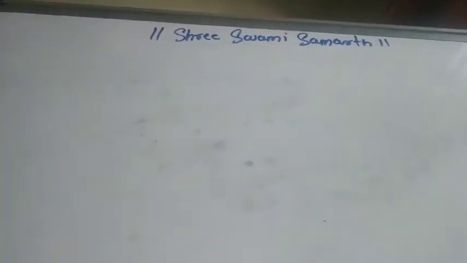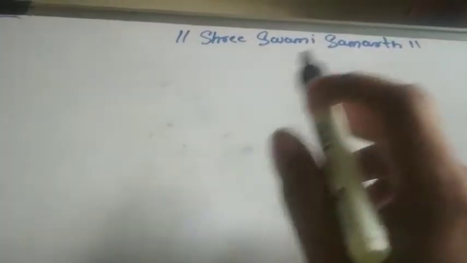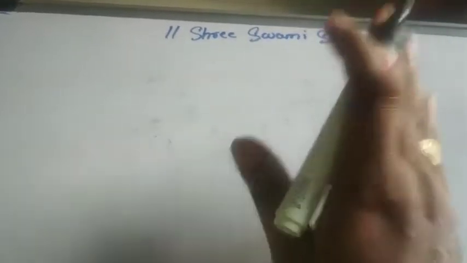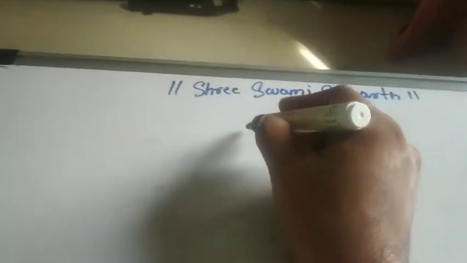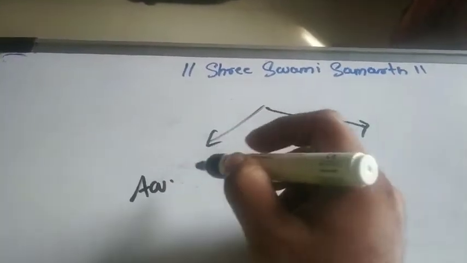Okay, now let's quickly talk about this particular litmus test on the alcohols and phenols. See, alcohols and phenols behave differently to the litmus paper, right? So here if we take the aqueous solution, see I am talking about the aqueous solution.